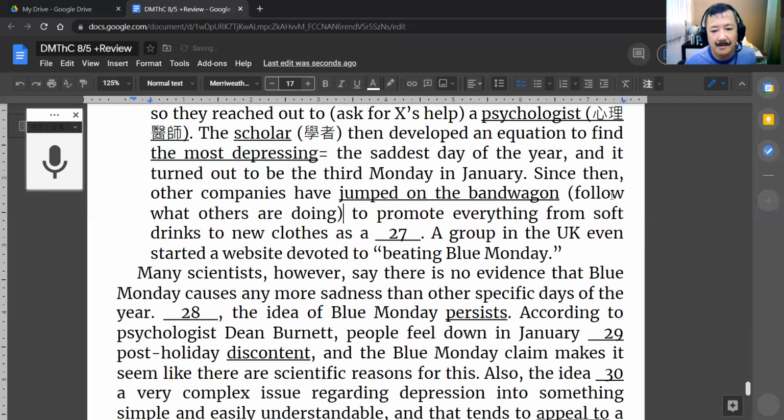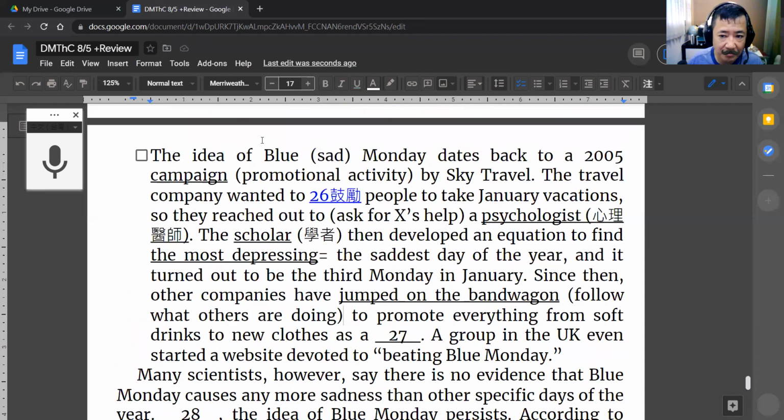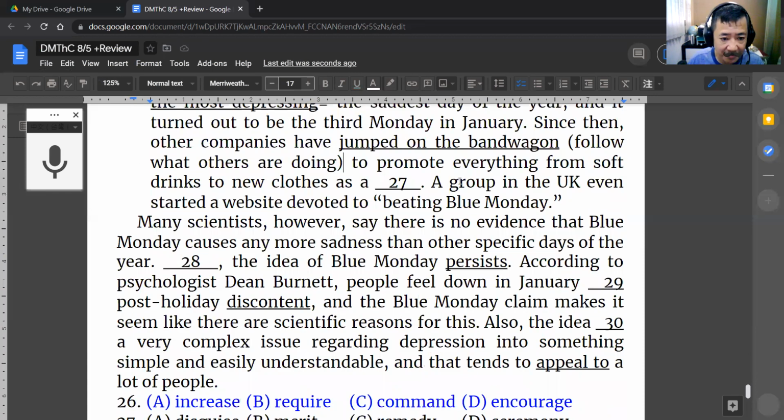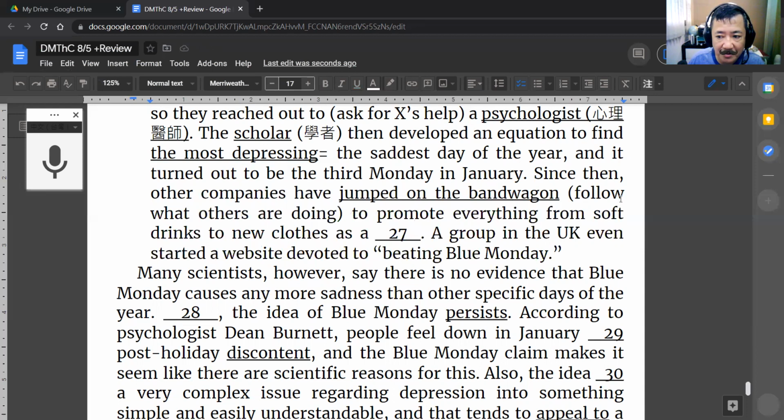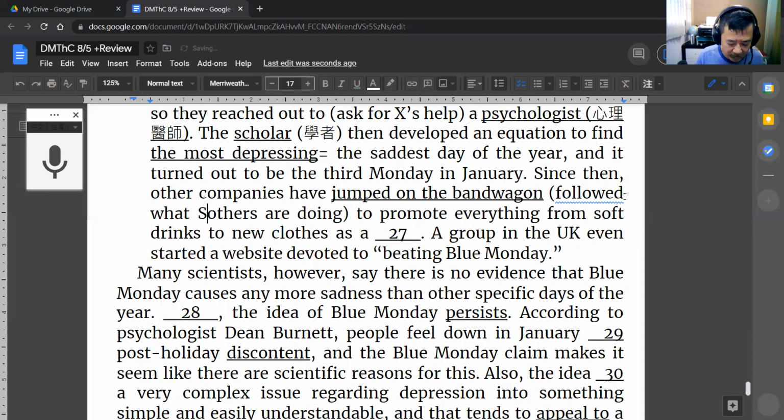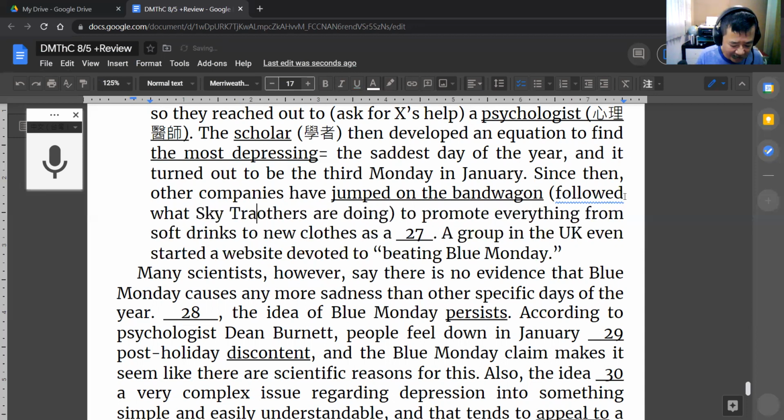So other companies followed what Sky Travel did, right? They jumped on the bandwagon, right? They followed what Sky Travel did.